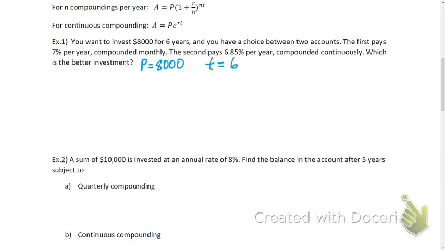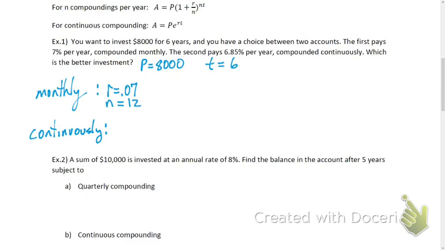One of them is monthly, and one of them is continuous. For the monthly account, R is 7%, and N is 12. For the continuous one, R goes down a little bit, 0.0685.